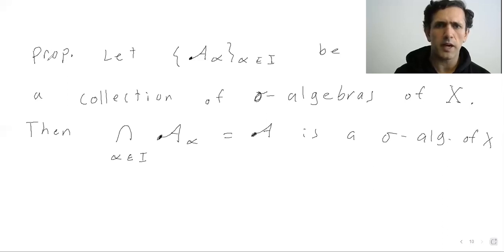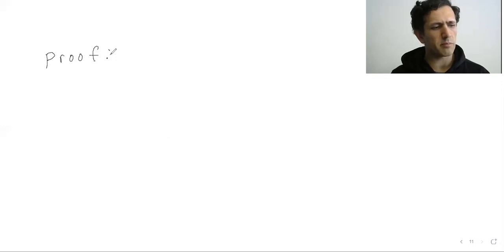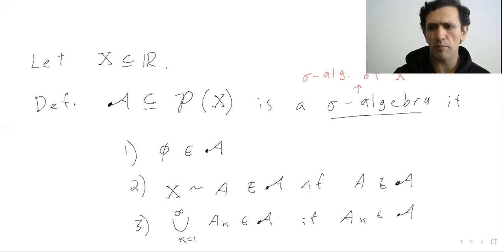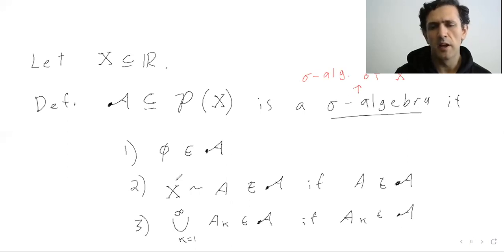Okay, and let me prove this. The proof is really pretty straightforward. I'll try to go a little quicker. So what do we need to do? We need to check all three of these properties: the empty set is in A, complements are preserved, and countable unions are preserved.